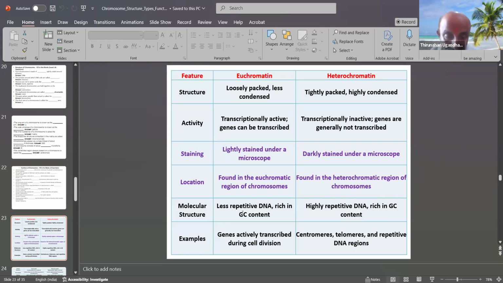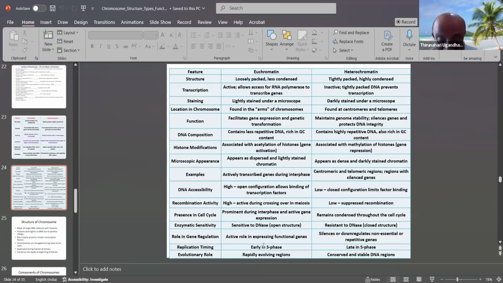For molecular organization, euchromatin has less repetitive DNA and is rich in GC content, guanine and cytosine. Heterochromatin has highly repetitive DNA. Genes are actively transcribed during cell division in euchromatin. Transcription means the genetic characters are transferred. Functions can also be found in the arms.